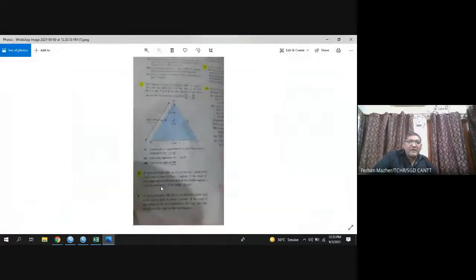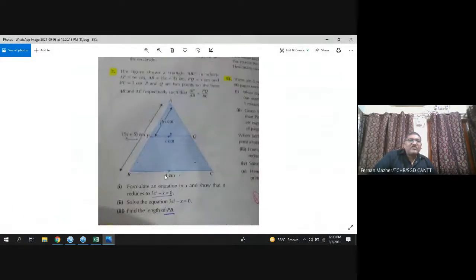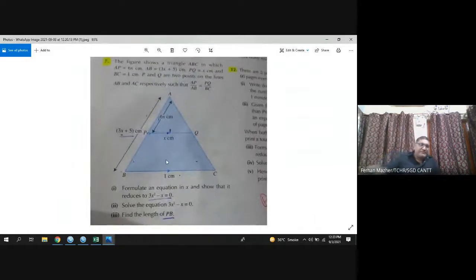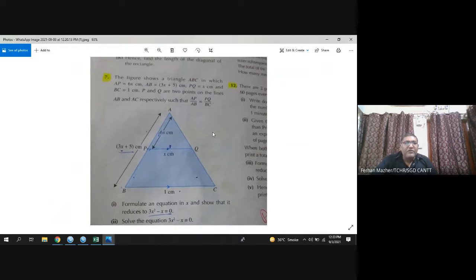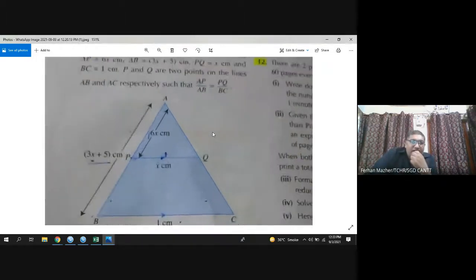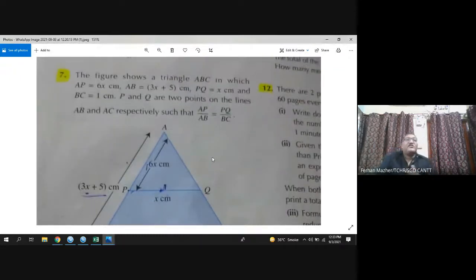So the next question is question number 7. If you have the book with you, it will be good. In question number 7, he says the figure shows a triangle ABC in which the AP side is 6x and the AB side is 3x plus 5 centimeter.